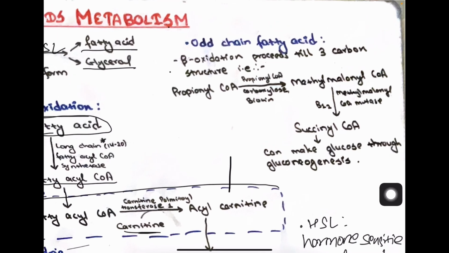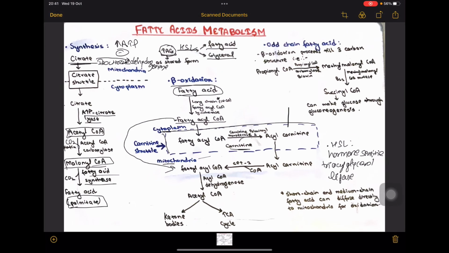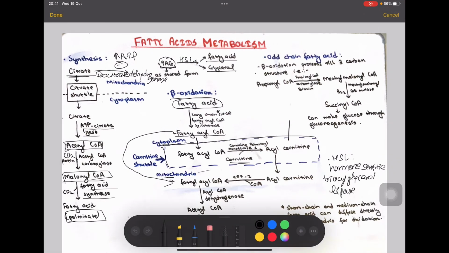Another very important topic is odd chain fatty acids. In even chain fatty acids, beta oxidation happens normally. But in odd chain fatty acids, beta oxidation proceeds until a 3-carbon structure, propionyl CoA. Then it is converted into methylmalonyl CoA by the enzyme propionyl CoA carboxylase, and the cofactor needed here is biotin.